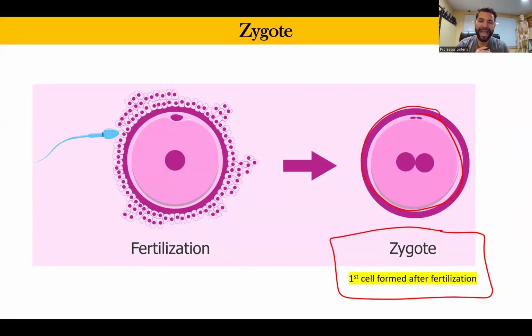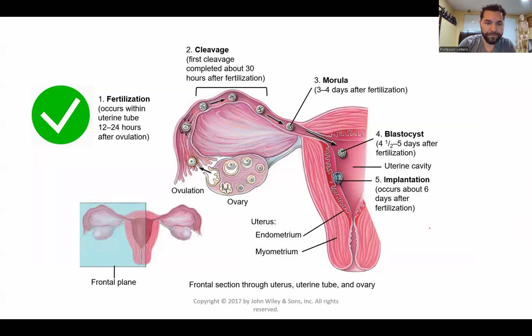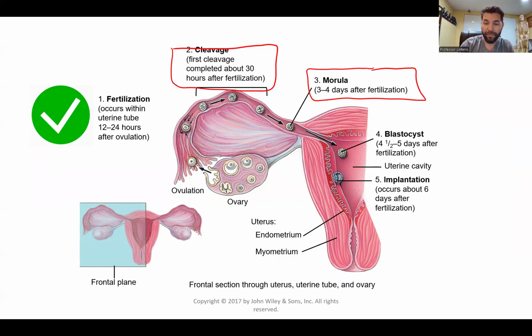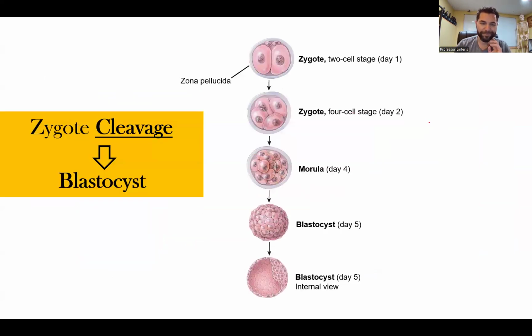What happens to this cell? This is done. Boom. We got it. Fertilization. Next thing we're going to have is cleavage, right? So what does this look like, right? It's going to turn from that phase to a morula to a blastocyst, and it gets a little bit more complicated as we move through this.